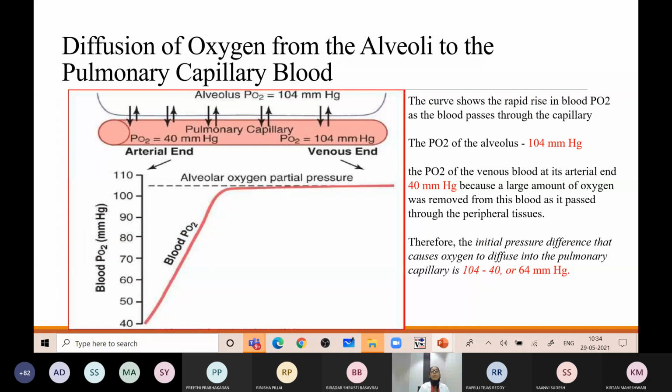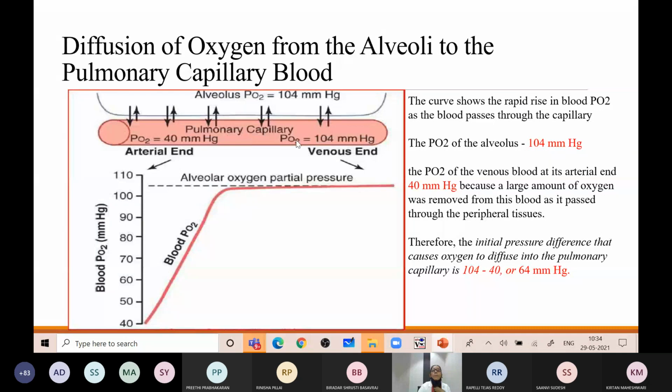Next, coming on to the diffusion of oxygen from alveoli to the pulmonary capillaries. So what happens? At the pulmonary arterial end, the PO2 is 40 mm of Hg. But alveolar PO2 is already 104 mm of Hg. So because of this gradient, oxygen enters into the pulmonary capillaries.